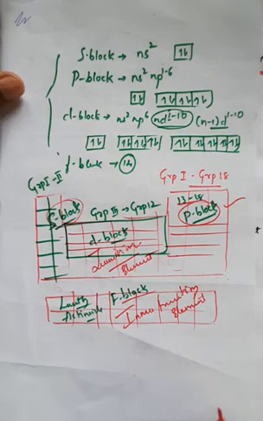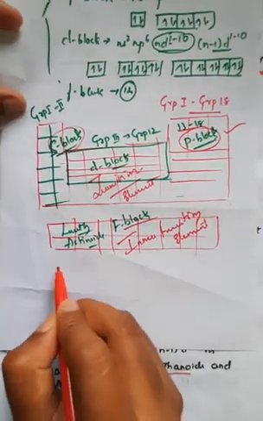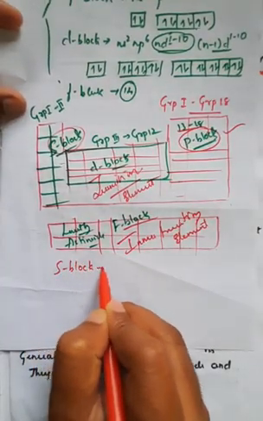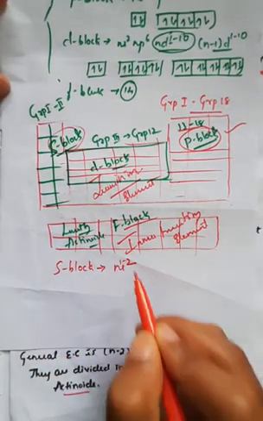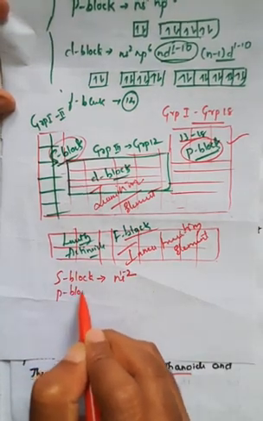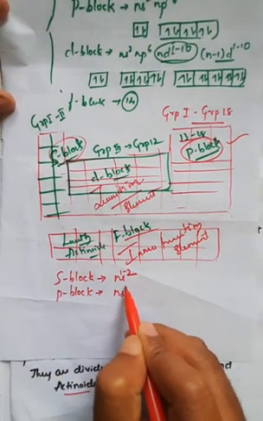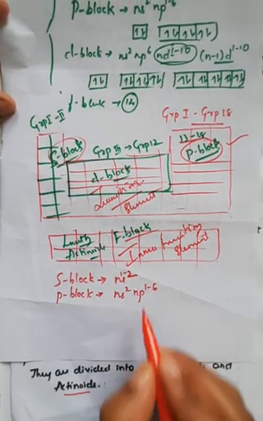Here the most important thing is you must know the electronic configuration. For S block, the electronic configuration is ns 1 to 2, minimum is 1, maximum is 2. For P block, the outermost electronic configuration is ns2 np 1 to 6, minimum is 1, maximum it can hold 6 electrons.